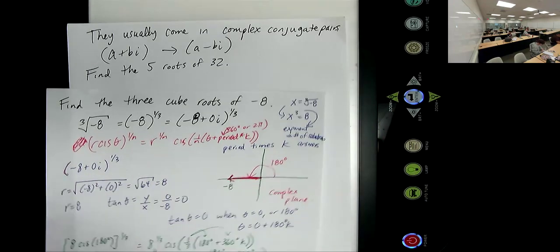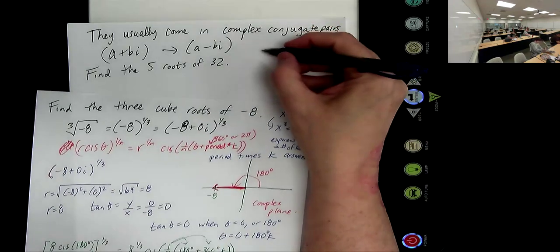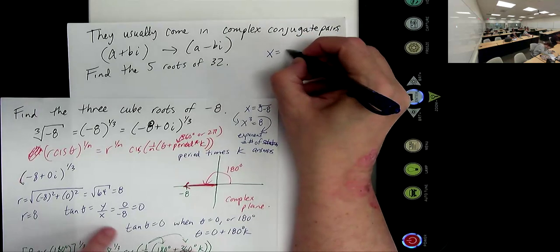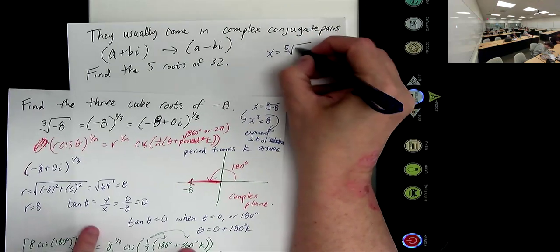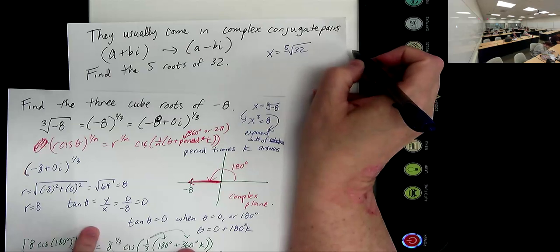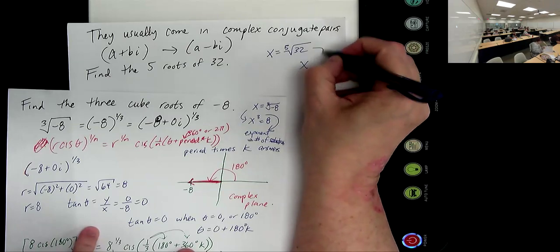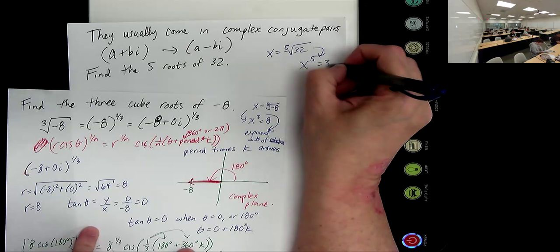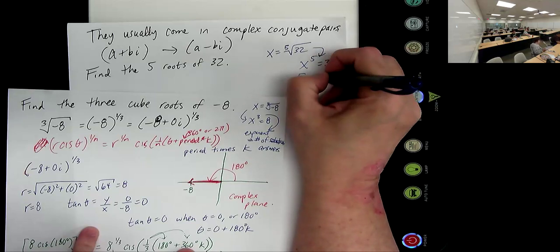So what we're doing here, x is the 5th root of 32. This correlates to x to the 5th equals 32, so we should get 5 answers.